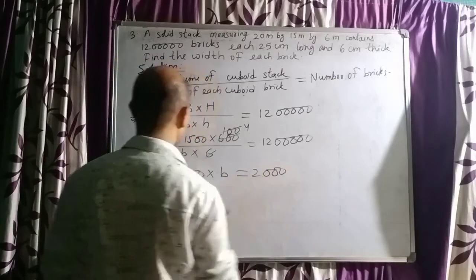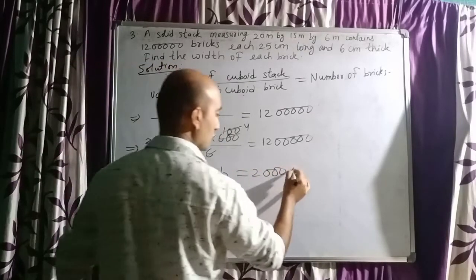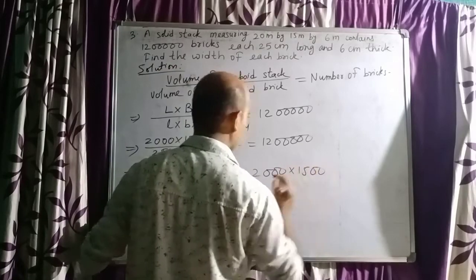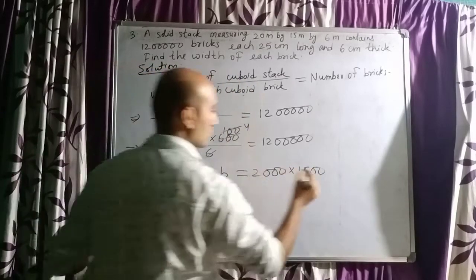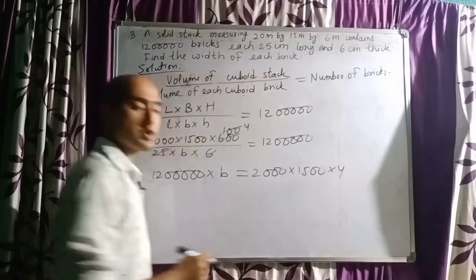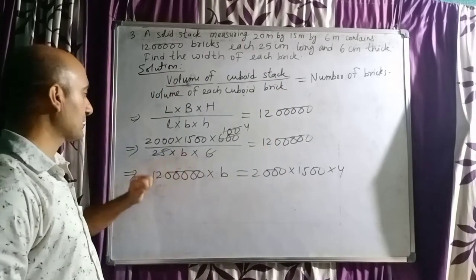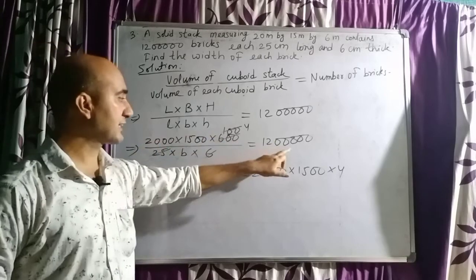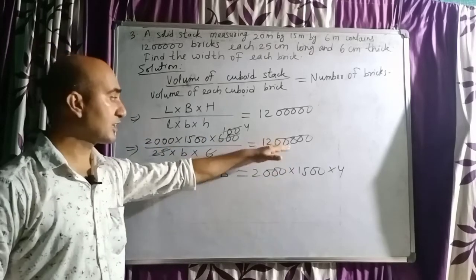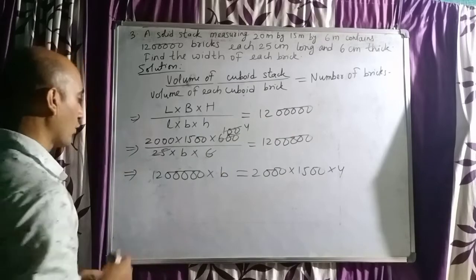So it will be 2000 here, same thing, into 1500, same thing, and into 4. It's just a cross multiplication. This 12 lakhs got cross multiplied with B, and they are getting cross multiplied with 1, because the denominator there is nothing, which means it is 1.